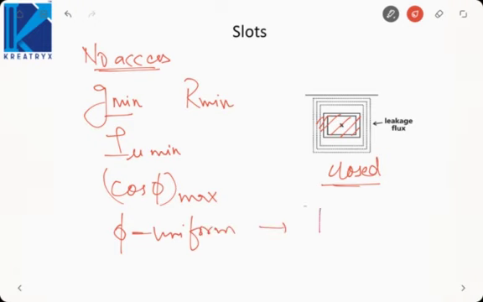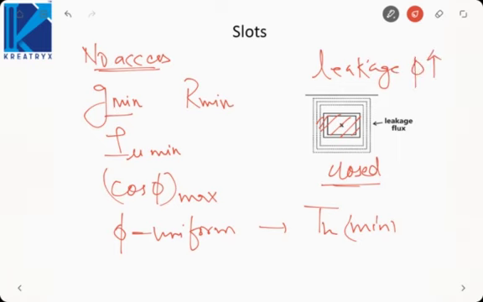So harmonic torques are minimum. But here the leakage reactance is highest. Why? Here there will be a lot of leakage flux, the flux that will not be linking to the core. So here leakage flux increases.